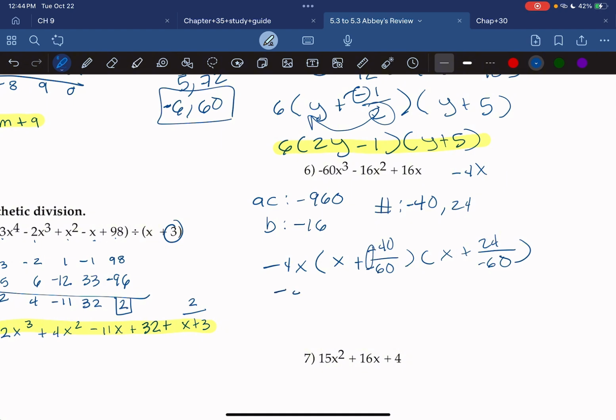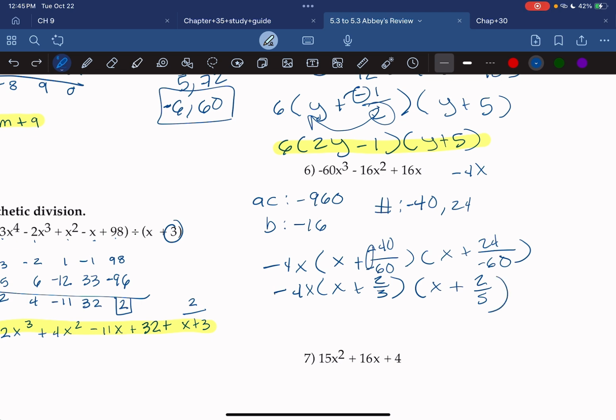And we get x plus 2/3. And then x plus 2/5.